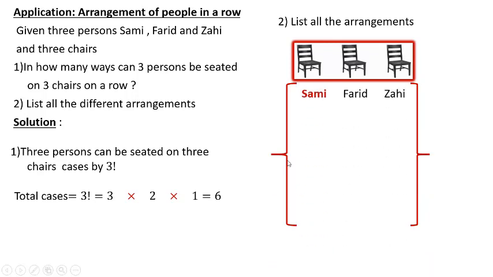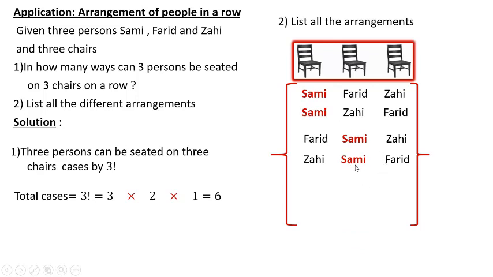Assuming Sami is seated on the first chair, then Farid and Zahi can be arranged in 2 ways to get Sami, Farid, Zahi, and Sami, Zahi, Farid. Now assuming Sami is seated on the second chair, then Farid and Zahi can be arranged on these 2 chairs in 2 different ways to get the other options: Farid, Sami, Zahi, and Zahi, Sami, Farid.